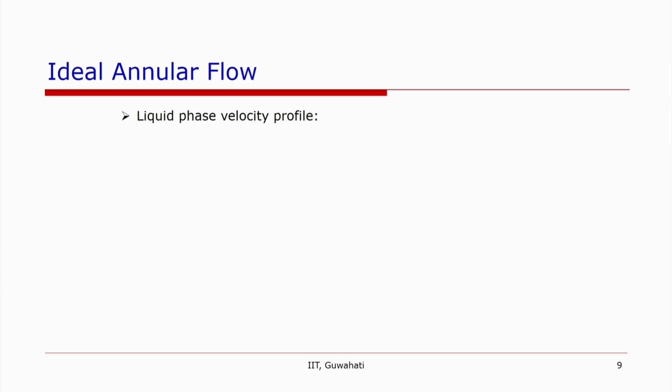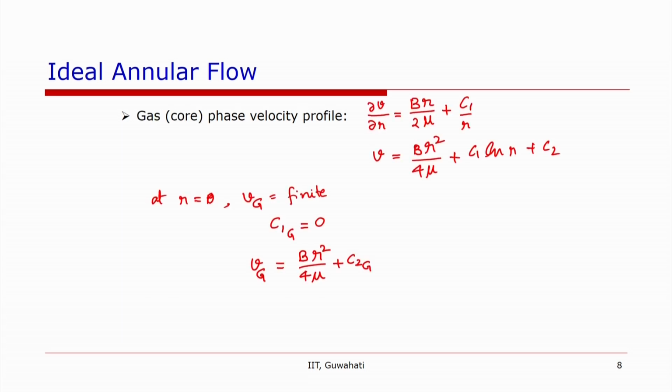Okay, for liquid phase, again we can write the same velocity profile. So if C1G is equal to 0, this will make C1L equal to 0 too.